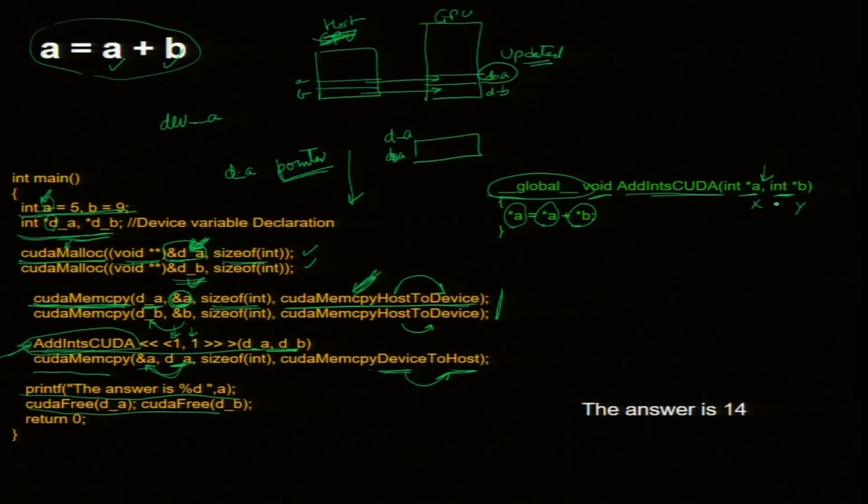This A has nothing to do with that A. The A here is actually DA. I should have put DA, but these are arguments. So this A is not connected with the CPU at all.